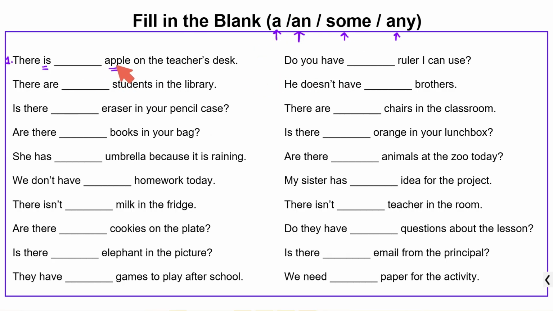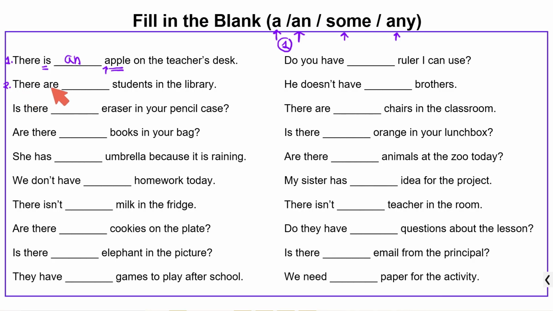So apple is only one. Remember, a and an are used for only one thing. But remember, we have a letter A. A is a vowel, so we need to use an. There is an apple on the teacher's desk. Very good. Let's move on to number two.